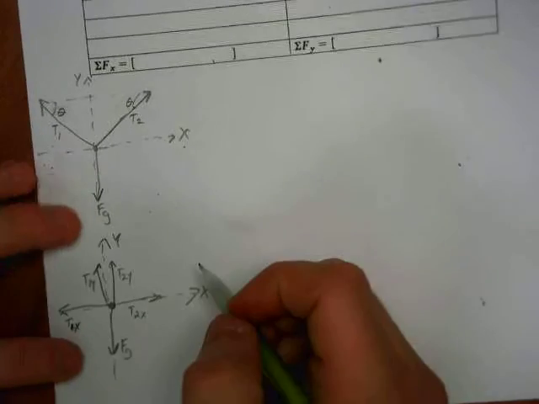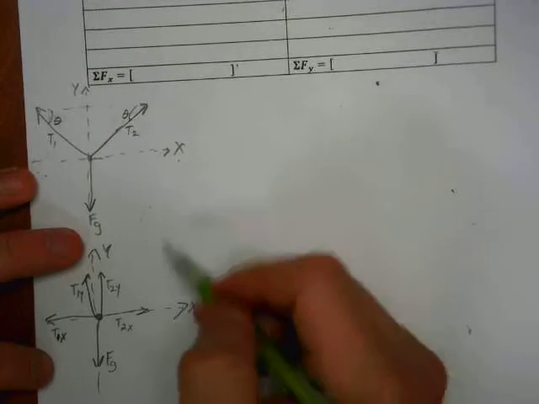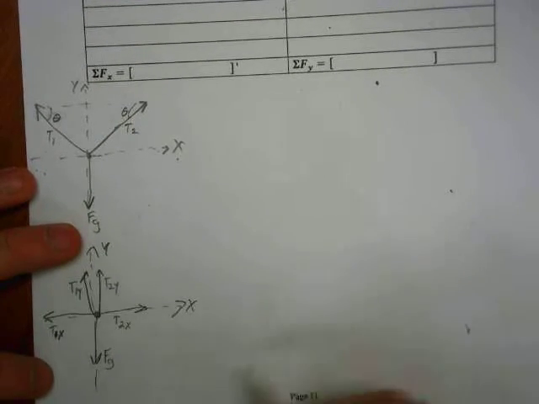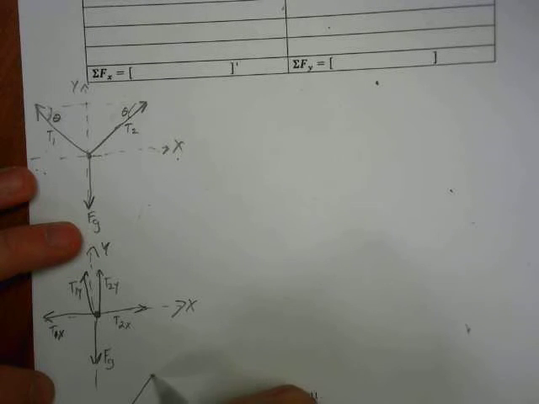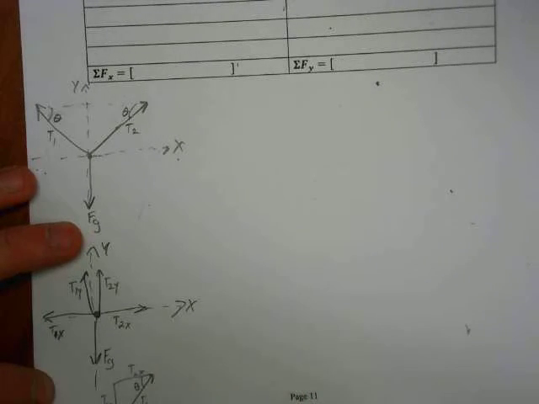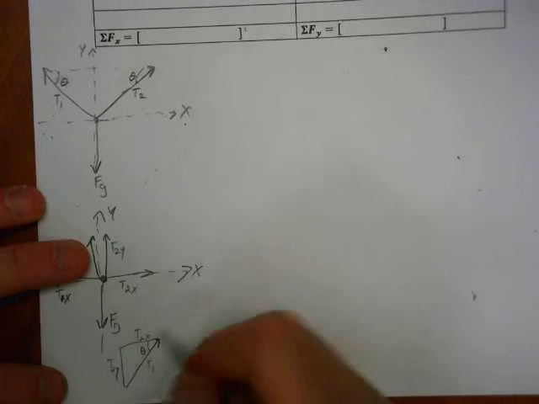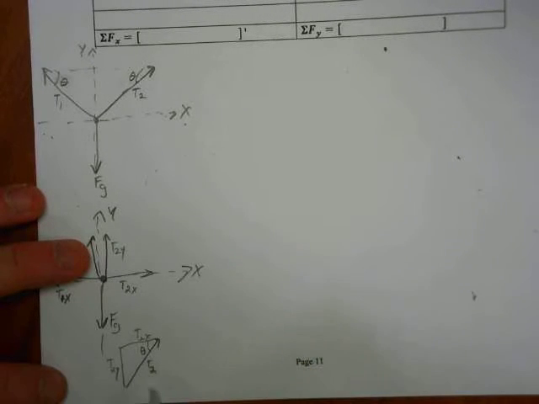So what are these things equal to? Well, let's draw our triangles again. T2, theta, T2x, T2y. Remember, the overall force, the big force at an angle, is always going to be the hypotenuse, and then we're breaking it down into horizontal and vertical components.